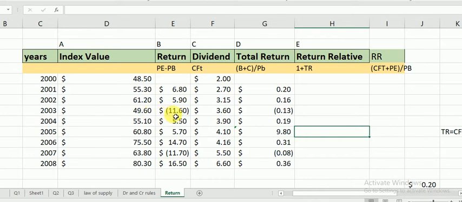So in 2003 the return is minus 11.60, and in 2007 minus 11.70. So returns are sometimes positive or negative.